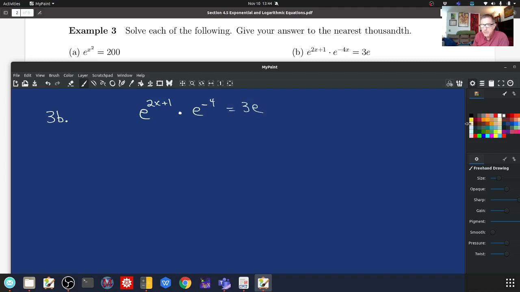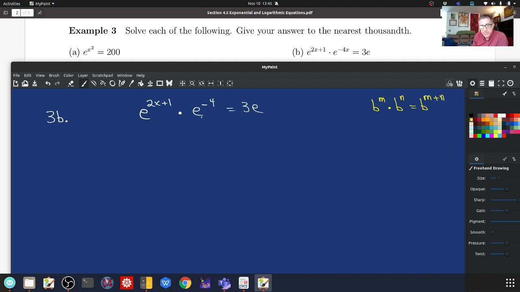For any number, let me use b, because b raised to the mth power times b raised to the nth power, the bases are the same. This is the very first exponent rule that we've learned: b raised to the m plus n.